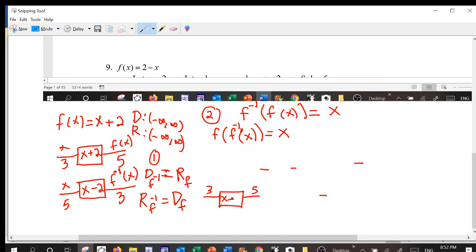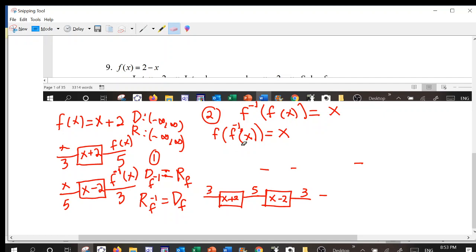This is x plus 2. What happens if I take this 5 and put it in f inverse, x minus 2? Well, I get 3 back, right? This is like taking f of x and putting it in as input for f inverse. That's the example right there.